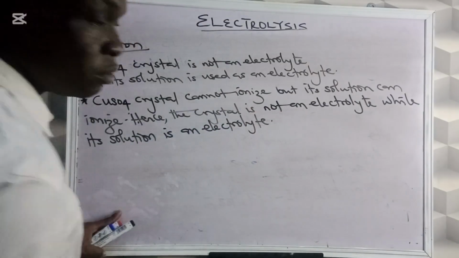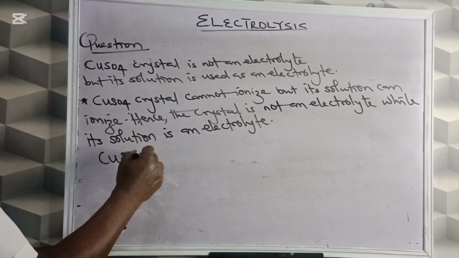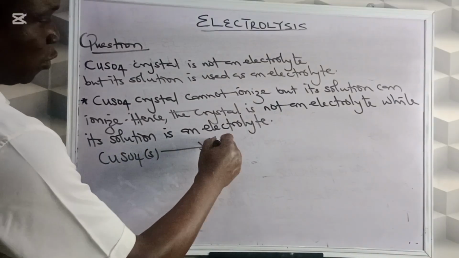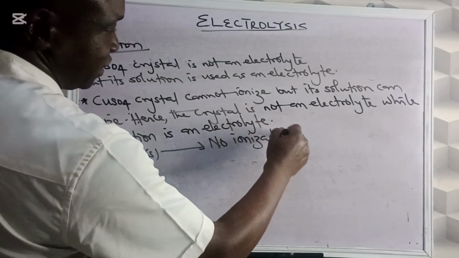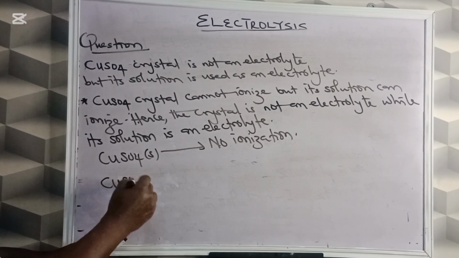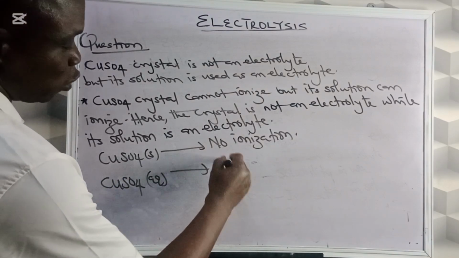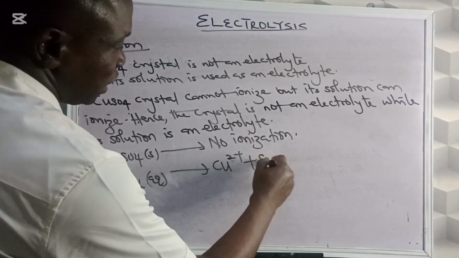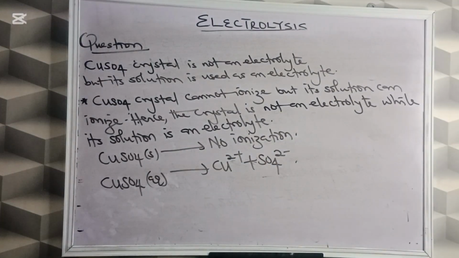Then you give the equation of reaction. Copper 2 sulfate crystal, no ionization, hence it is not used as an electrolyte. The copper 2 sulfate aqueous, when dissolved in water, can ionize to copper 2 ion plus SO4 2 minus. Please take note of that.